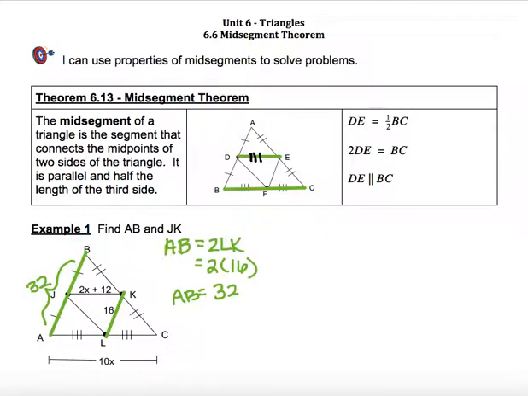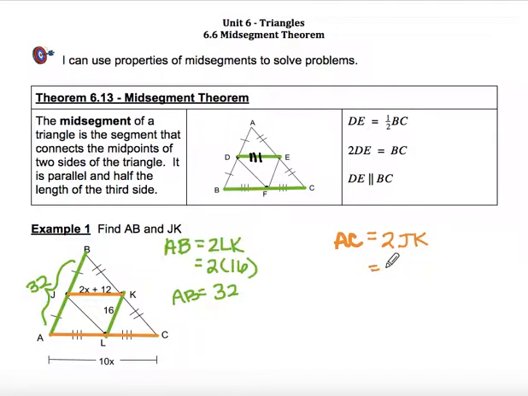So what if it wasn't as straightforward as that? What if we had to do a little figuring to get to that point? For the next one, it says find JK. JK is 2x plus 12. The thing that corresponds to it is AC. Since AC is the side, the length of AC is going to be 2 times JK.